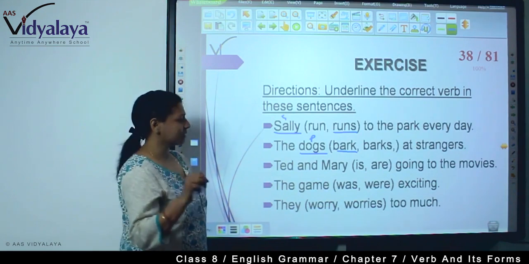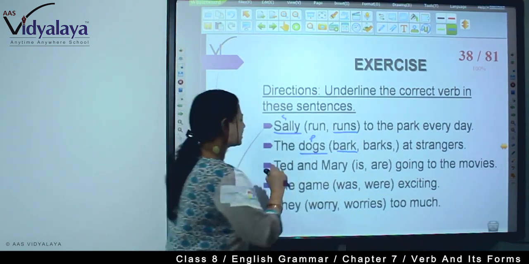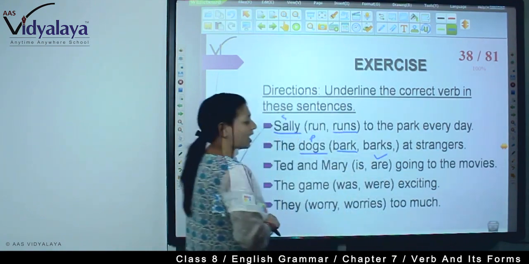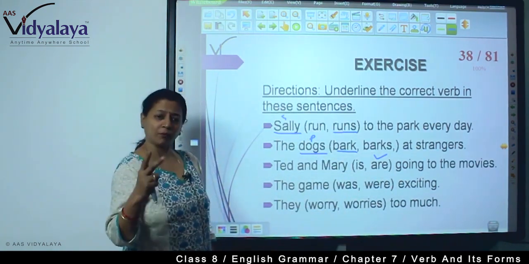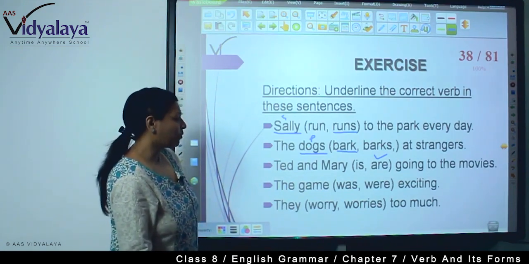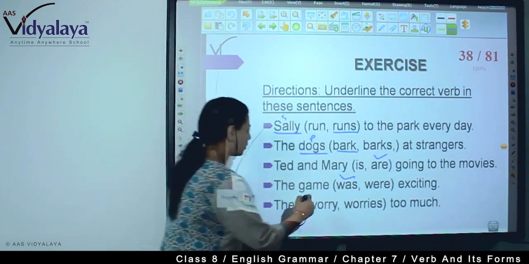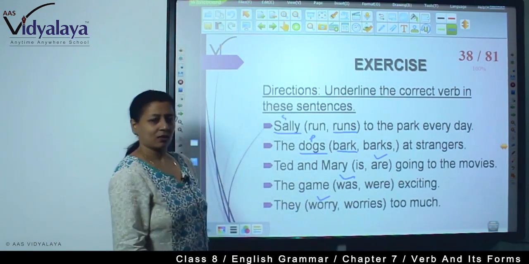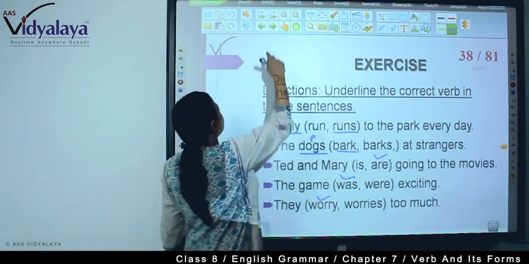Two persons are going to the movies. Both are going to the movies. So, we are using are because they are more than one. The game was exciting. They worry too much. So, this is the basic rule that we have followed.